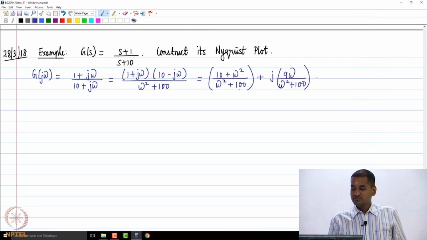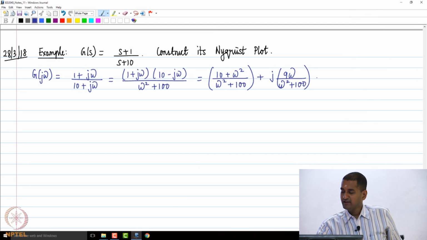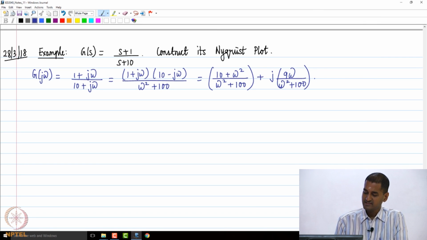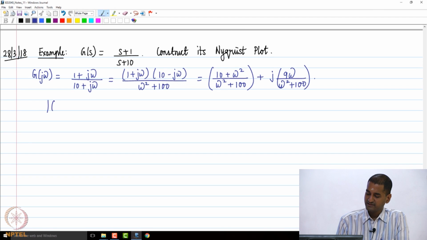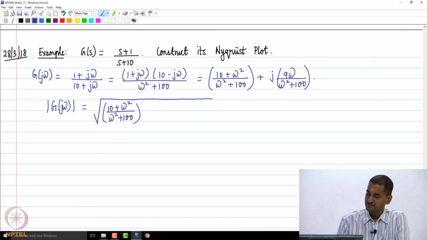Okay, so in terms of magnitude and phase, what are we going to have? If I write the magnitude and phase of the sinusoidal transfer function, the magnitude is going to be the square root of the real part square plus the imaginary part square, right? So we get the square root of (10 plus omega square divided by omega square plus 100) whole square plus (9 omega divided by omega square plus 100) whole square.